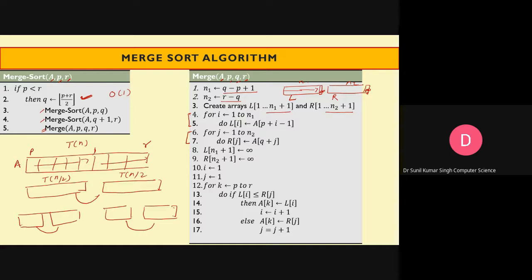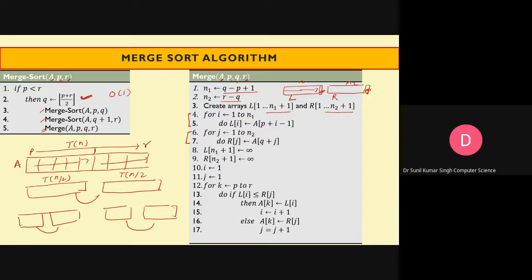That means we can easily combine the elements, as you can see in the lower part of the algorithm. Further we initialize i equal to 1 and j equal to 1, and then for k equal to p to r. This k index moves from p to r, and we are going to combine the elements from the sublists.